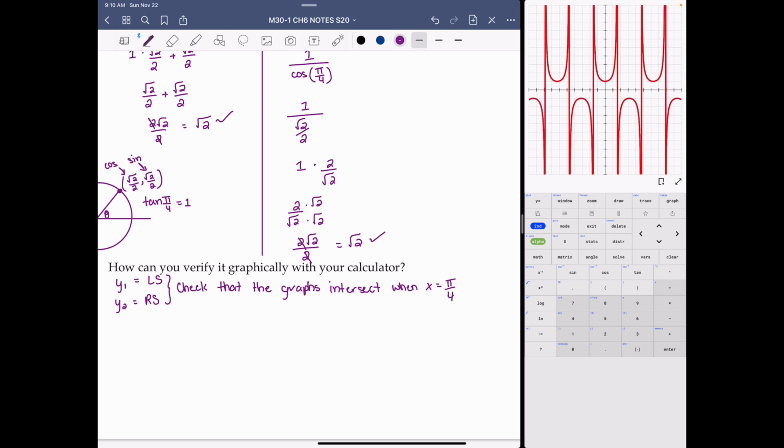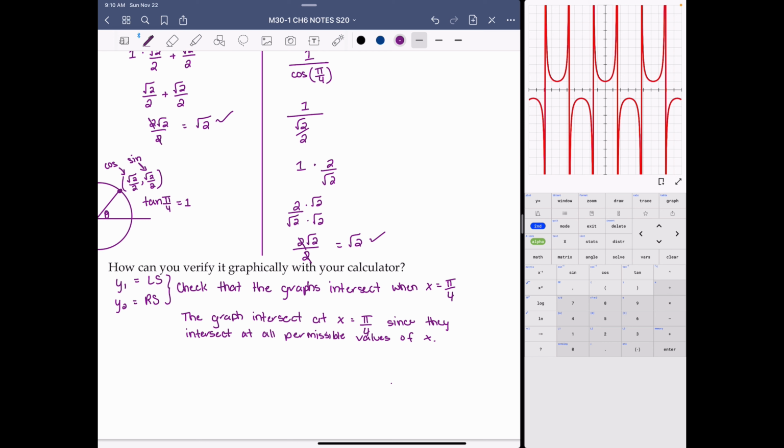So we can say the graphs intersect at x equals pi over 4 since they intersect at all permissible values of x.